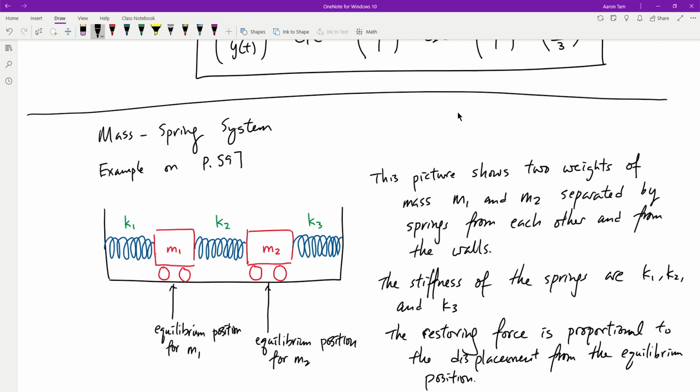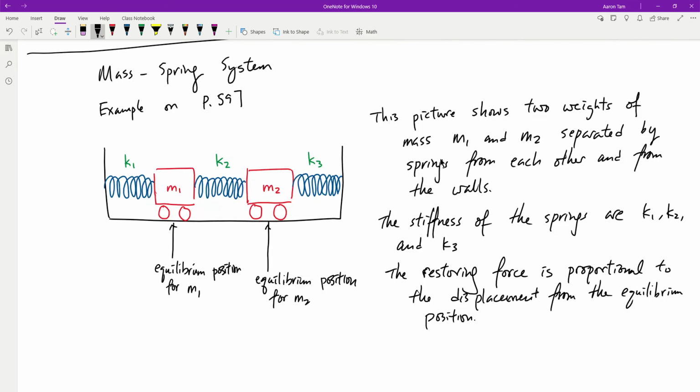So as soon as the mass moves out of its equilibrium position, the spring would exert forces that would try to push it back toward the equilibrium position. And once again, we're assuming that these two masses can move freely. There are no frictions or resistant forces at all. The only thing acting on them are the springs exerting a force that restores them back into the equilibrium position.